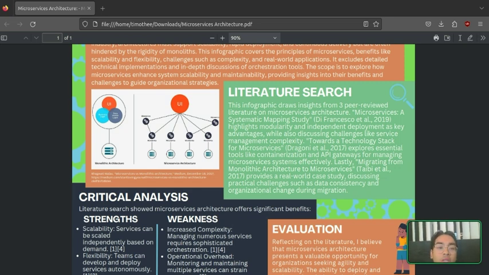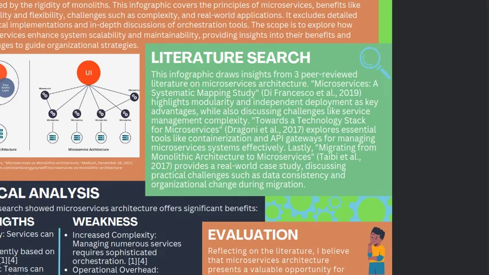Then I looked at Towards a Technology Stack for Microservices, which explored essential tools like containerization and API gateways for managing microservices systems effectively, using things like Kubernetes and Docker. Lastly, I looked at Migrating from Monolithic Architecture to Microservices, which provides a real-world case study that discussed practical challenges such as data consistency and organizational change during migration.